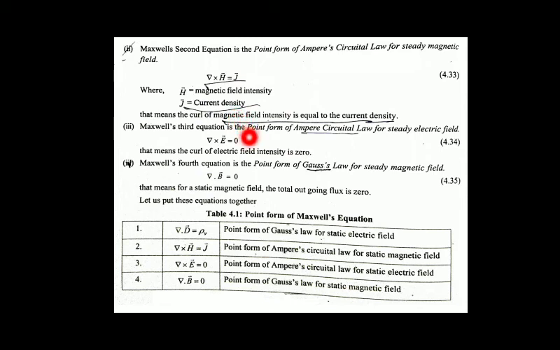That means the curl of the magnetic field intensity is equal to the current density. The third one is given by del cross E equal to 0. This is also based on the Ampere circuital law for steady electric field.